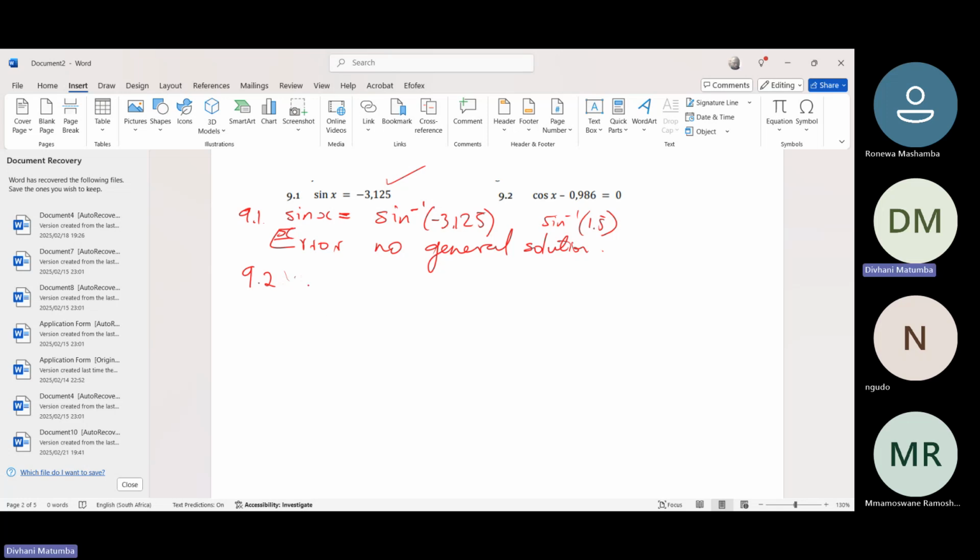Okay, let us try. We have cos of x minus 0.986 equals 0. This will be equal to cos of x. If I take 0.986 to the other side, I will have cos x equals 0.986. Then let's see.